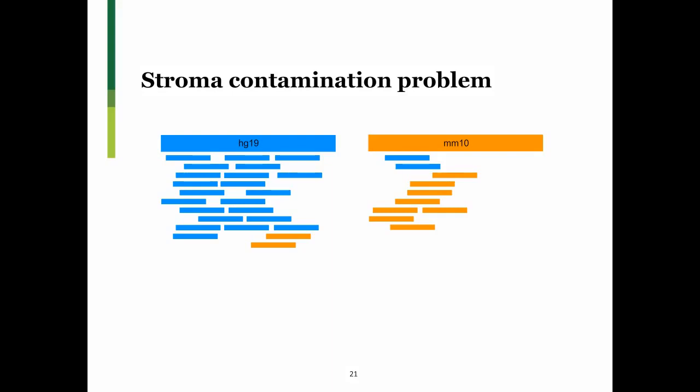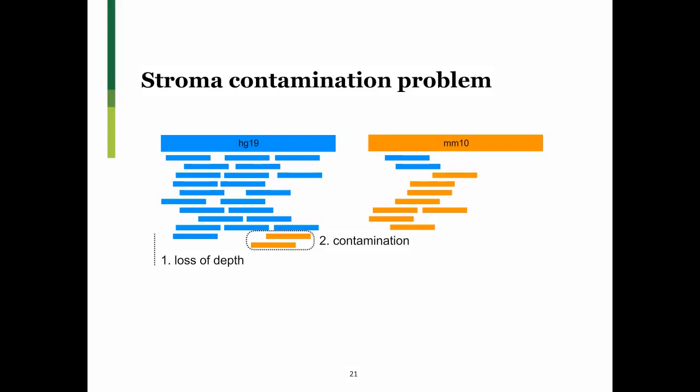One, I think you can appreciate, is the loss of total depth of reads that align to the human genome. But also, this is a problem to have mouse reads that are partially mapping to the human genome. And I'll illustrate exactly the problem that this causes in real-world samples later, but for now, take my word for it that this can cause a very high rate of false positive mutation calls.